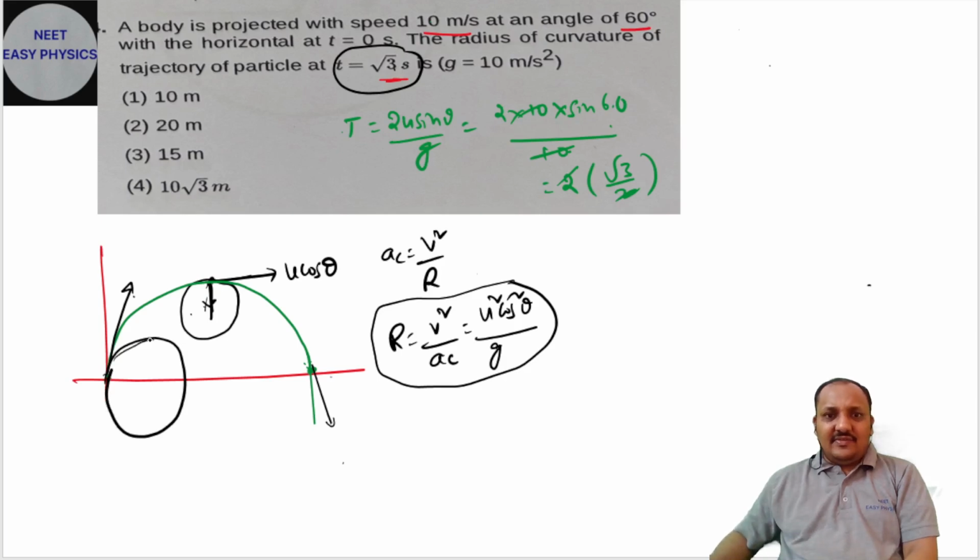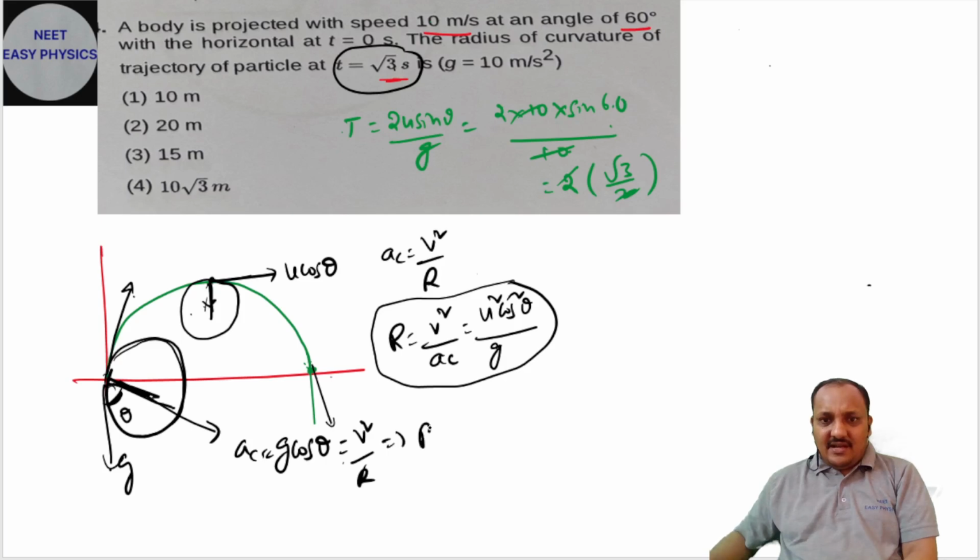This is the radius of curvature. If you want to draw one circle here, this is the radius of curvature. So now this is g. Already we discussed this concept. This is theta. Now in this direction, centripetal acceleration is going to be g cos theta. This is g, this is theta, this is going to become g cos theta. AC is equal to V square by R. Then R is equal to u square by g cos theta.